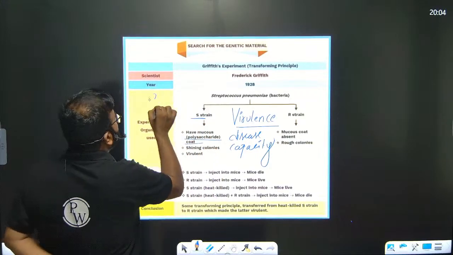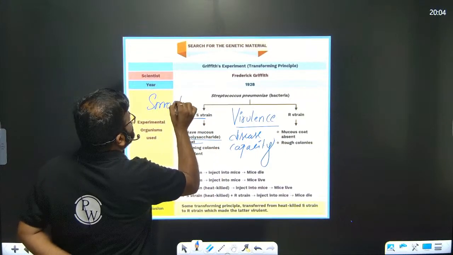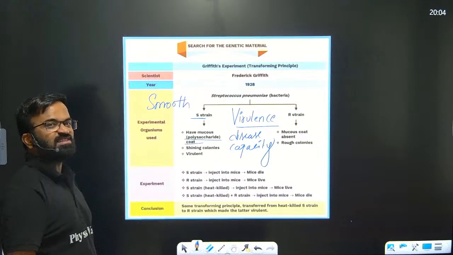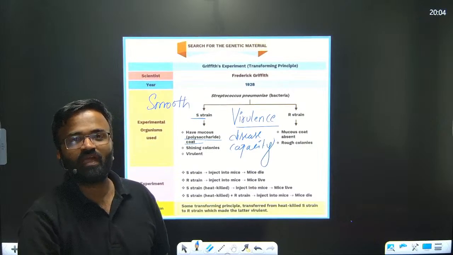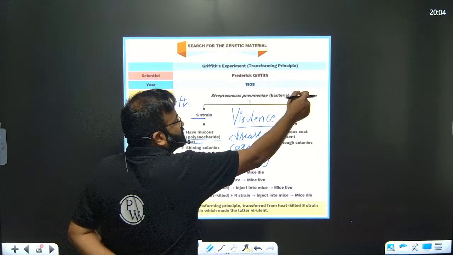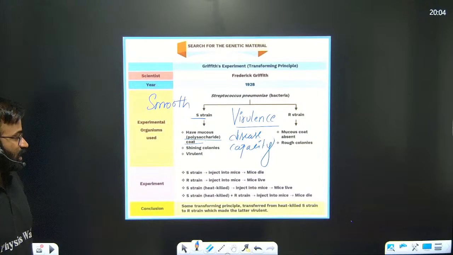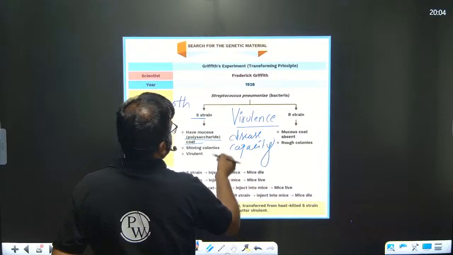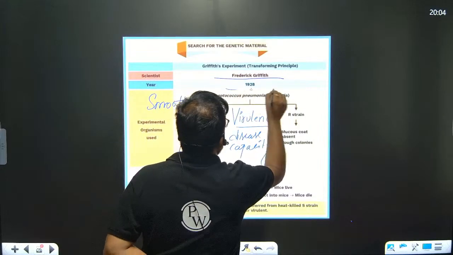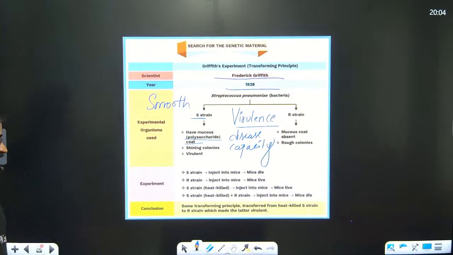S means smooth. That smoothness comes because of a polysaccharide. This polysaccharide is the one which is causing the pneumonia disease, which is absent in case of the R strain. Clear? So who is the scientist? The scientist is Frederick Griffith. The year is 1928.